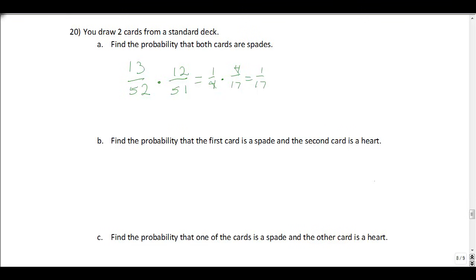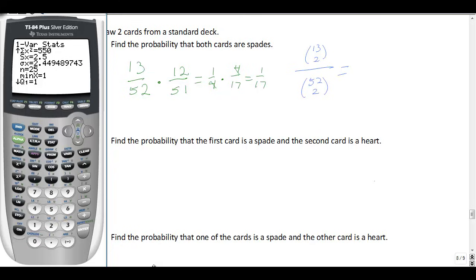Another way is you could think about, well, if I'm going to draw 2 cards out of the deck, I have a 52 choose 2 number of ways I can do that. Now if the 2 cards are spades, that would be 13 choose 2. And so I can calculate here on my calculator.